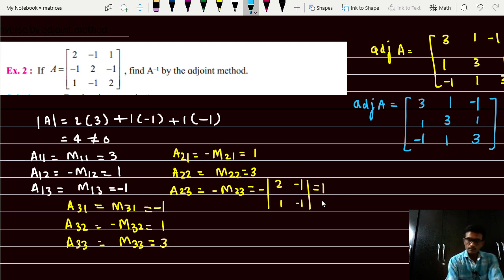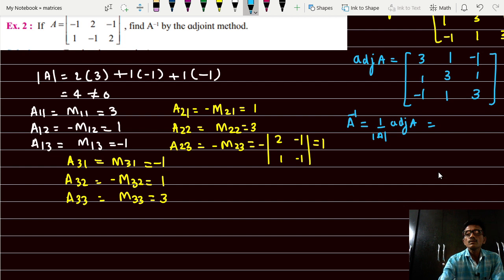Then after this, A inverse is given by the formula 1 by determinant of A into adjoint of A. We use this formula. So 1 upon determinant of A. Determinant of A is what? 4. So 1 by 4 into the adjoint of this matrix.